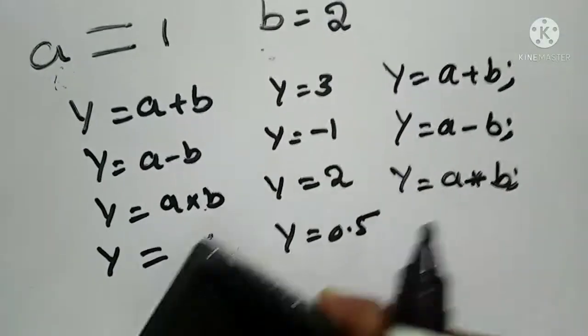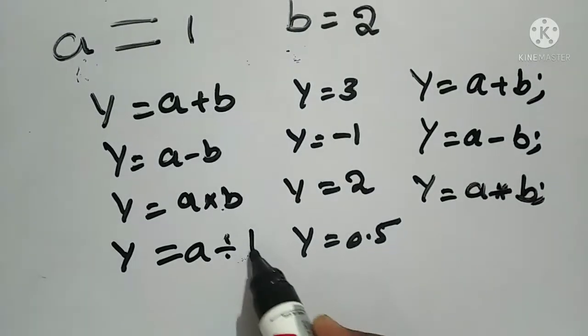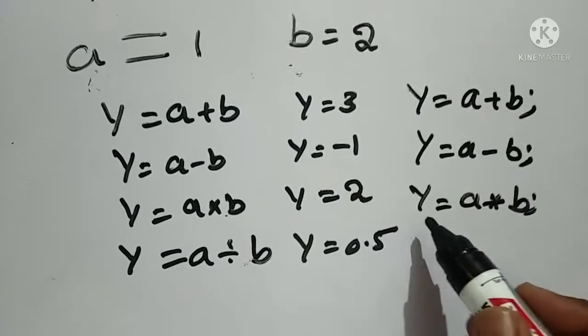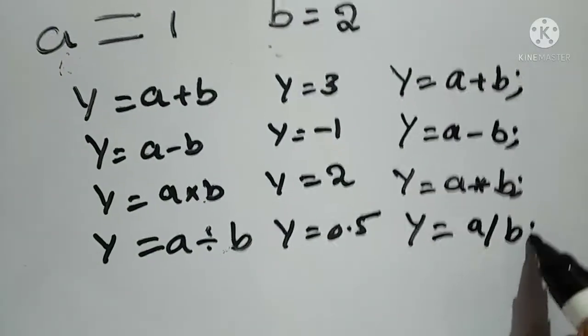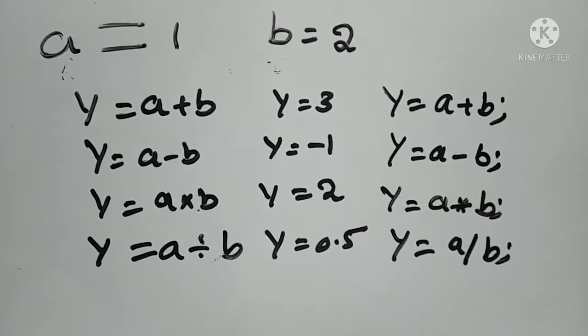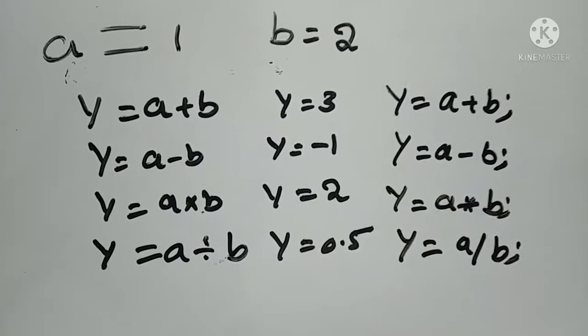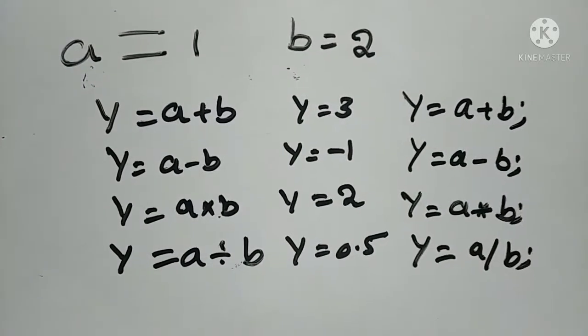For division we write a / b. Not only in C, in most programming languages we do it this way. These are the basic operators we have.